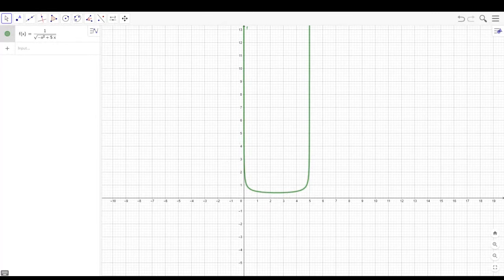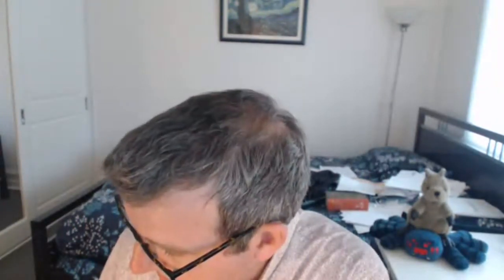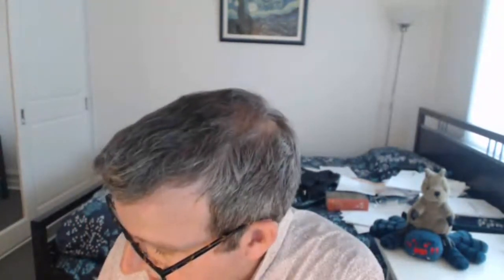So it'll go off to positive infinity, and that'll be the range of that, right? So the range of f is going to be f of 2.5 off to infinity.